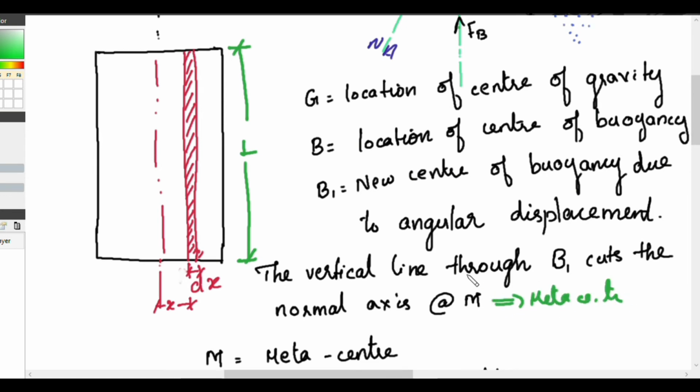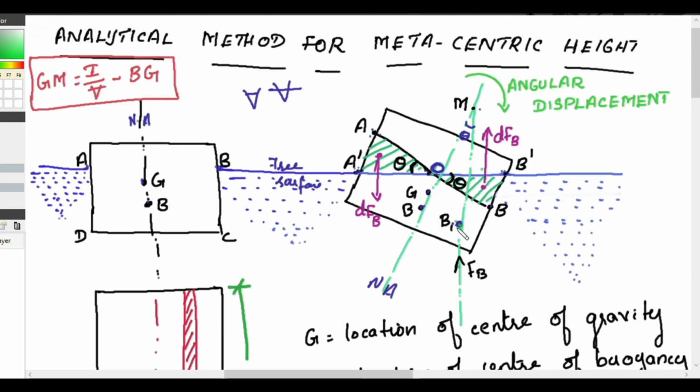This M is called the metacenter. A vertical line is drawn through B1 because your weight will be acting downwards, and this buoyant force is always a vertical force. The buoyant force acts vertically upwards, but the center of buoyancy is changing.